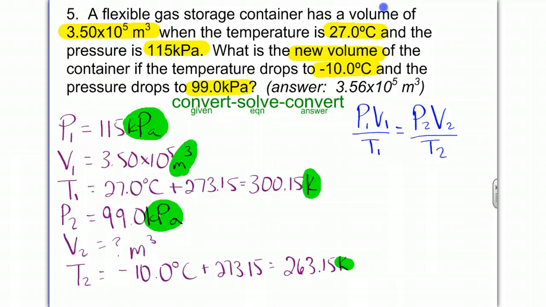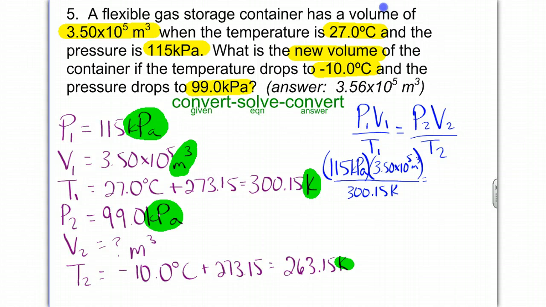My P1 is 115 kilopascals times 3.50 times 10 to the 5 meters cubed divided by my first temperature, 300.15 Kelvin, which is going to equal my second pressure, 99.0 kilopascals, times, I don't know what V2 is, divided by my new temperature, which is 263.15 Kelvin.